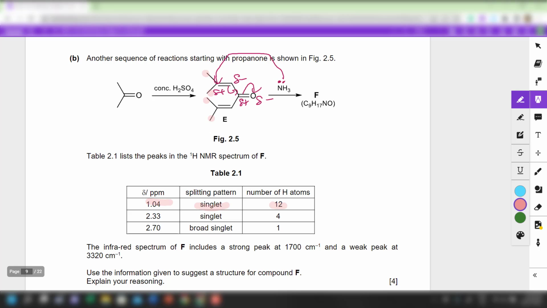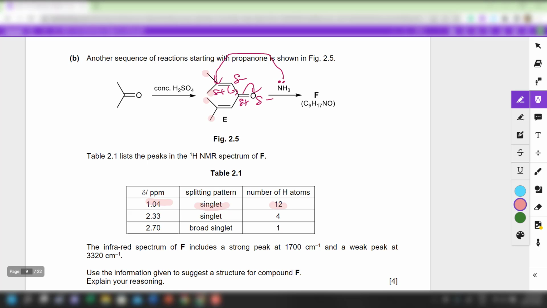Now, we have a singlet at 1.04, and 1.04 is very near to 1. Remember, for CH3 at the end of a straight chain structure it should be below 1, but right now it's not below 1, it's 1.04, close but not quite there. So that means they are likely bonded through a sigma bond to some group that is perhaps electron withdrawing, or a bit more electronegative than carbon.